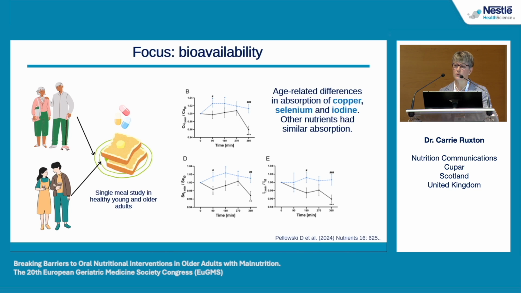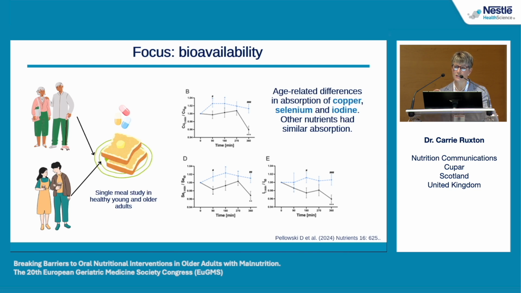If you look at the charts, the older adults are in black, the younger adults are in blue, and there is a slower response to the intake of, for example, copper, selenium, and iodine. As you can see, a very slow response of the older adults, which then dropped off quite quickly. And this is their blood levels in response to a standard amount of those nutrients. Other nutrients had similar absorption.